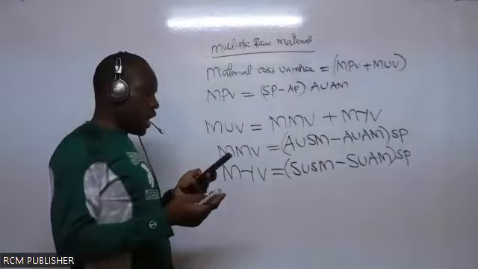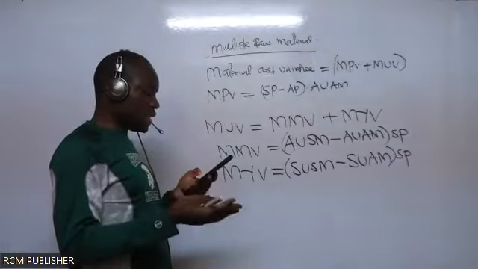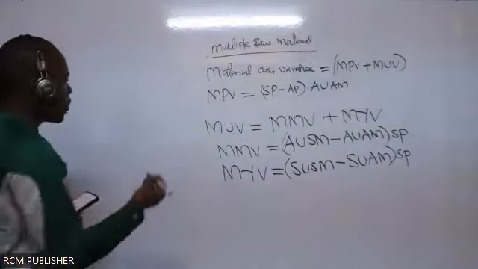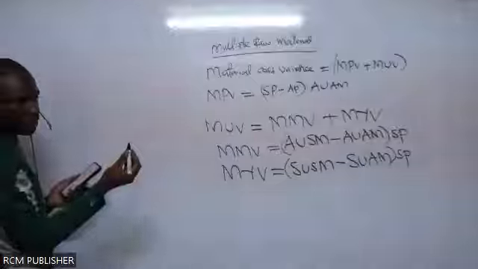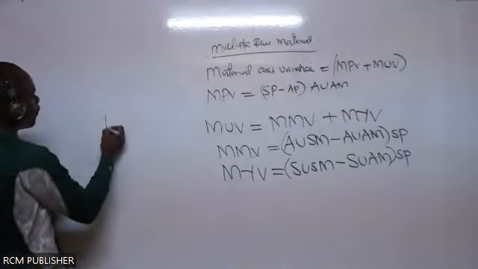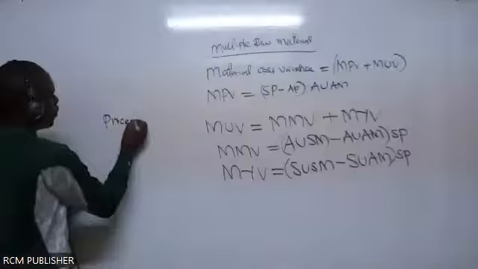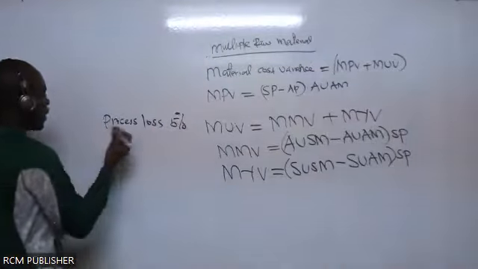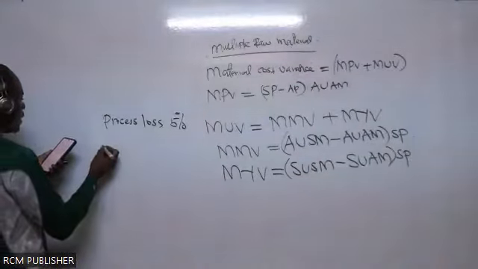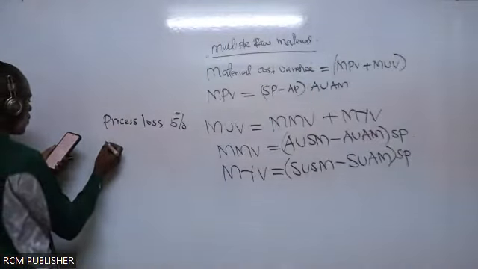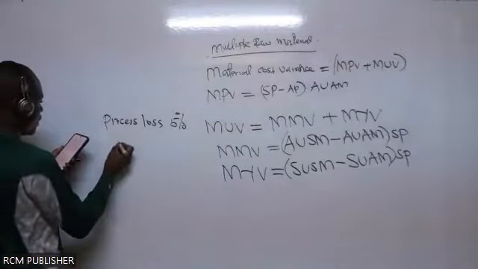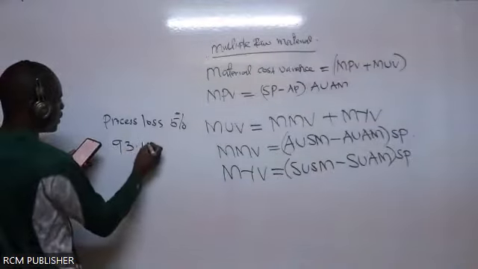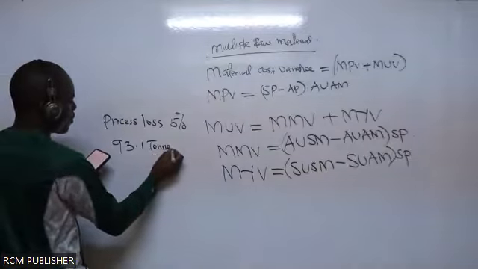In a period, the output was 93.1 tons and the inputs were as follows. So before you calculate anything, we are being told that a standard process loss of 5%. Now, this is my question. What does 93.1 tons represent?